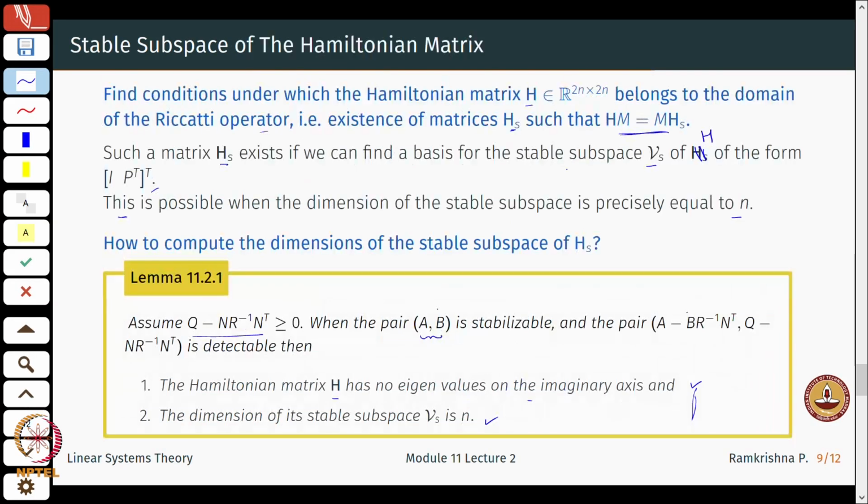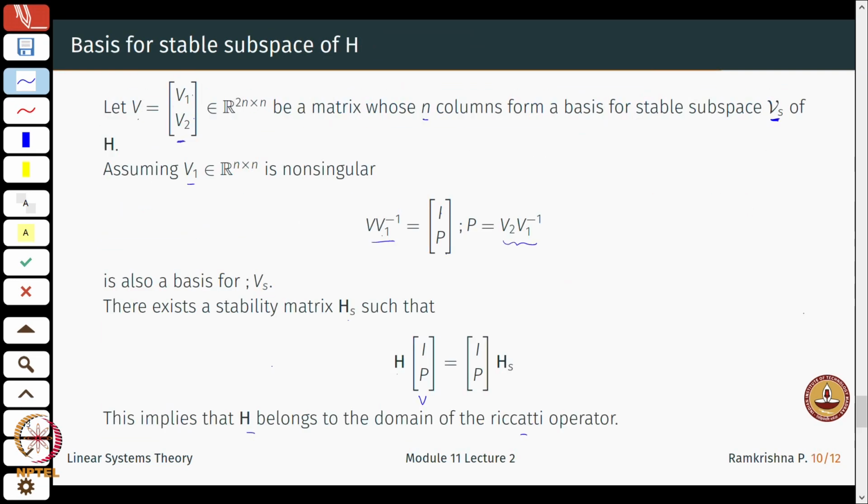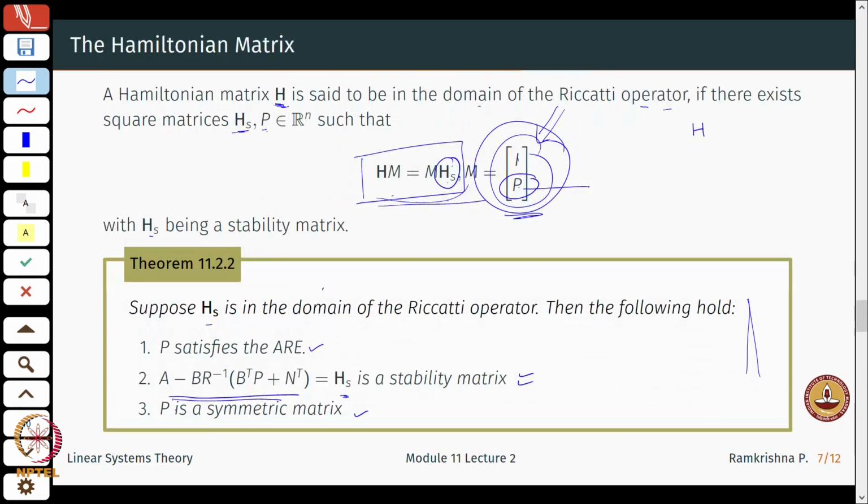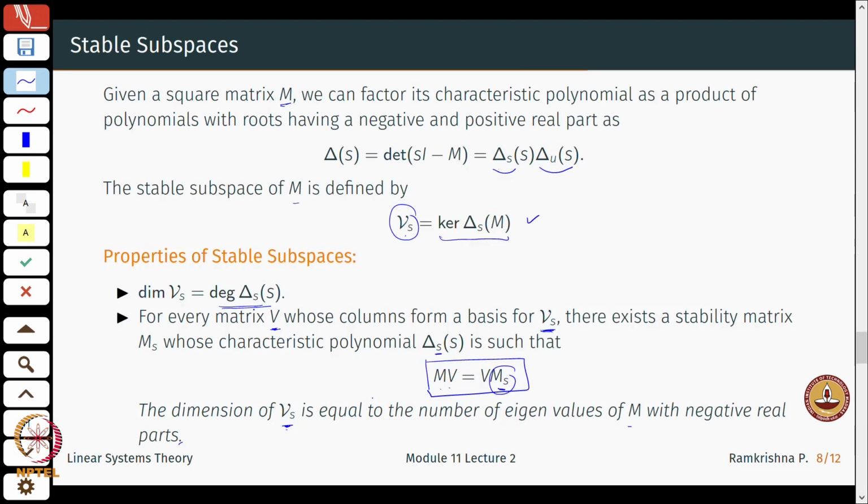Now, we construct the basis for that stable subspace in this way and show that there exists a stability matrix such that this holds, and therefore H belongs to the domain of the Riccati operator. Once H belongs to the domain of the Riccati operator, I know a bunch of things: that P satisfies the Riccati equation, Hs is a stable matrix, P is symmetric, and so on.